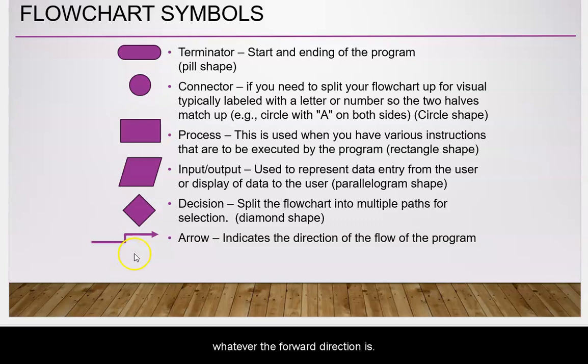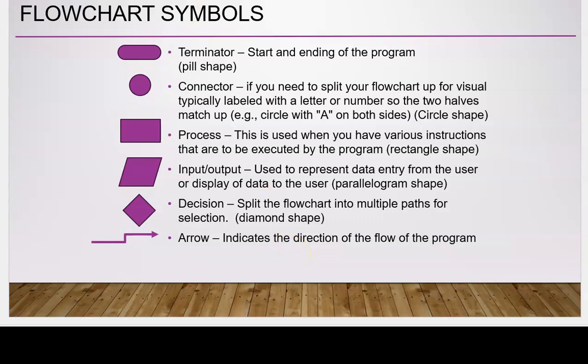And then if there's a no, or you're going to go back and redo something, you're going to have that come out of one of the sides that goes back and does something else. So usually it's like a true false, which is Boolean. If it's true, you're going to continue on. If it's false, you're going to get out. And then the last one is the arrow, and that just is a way to show the flow of how the data goes.